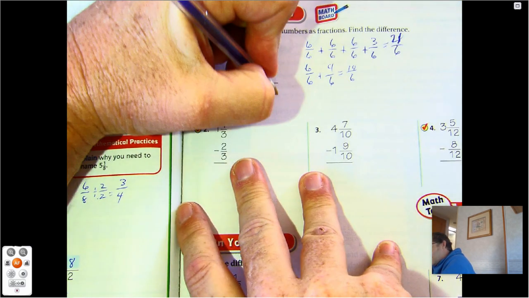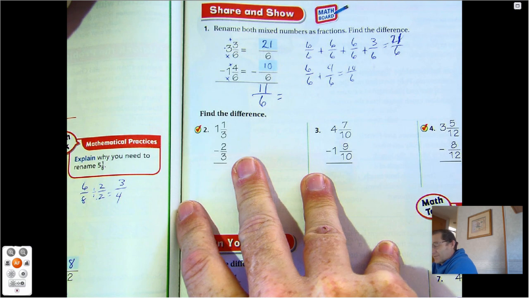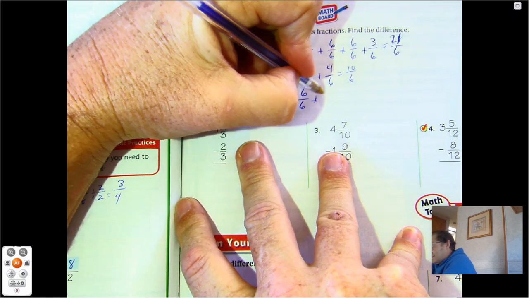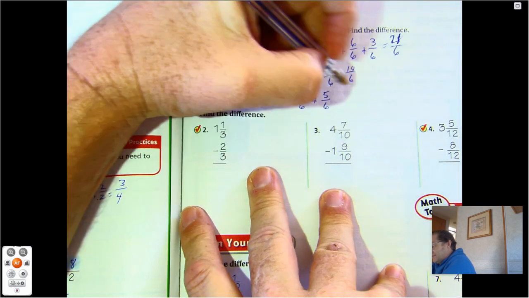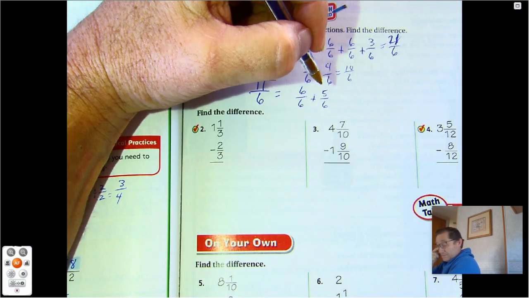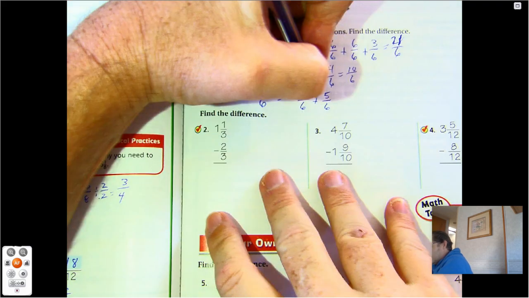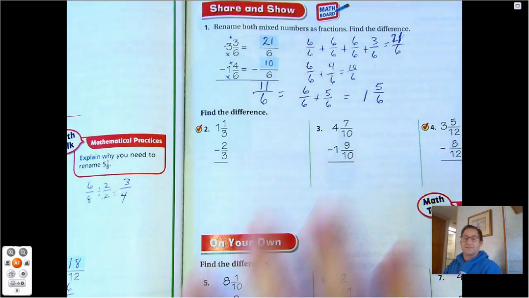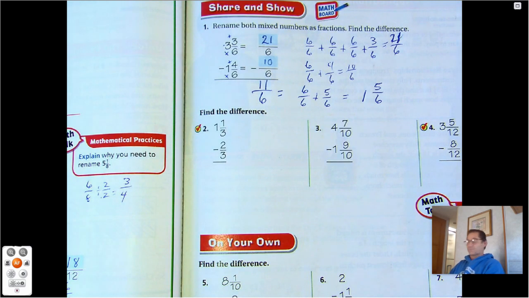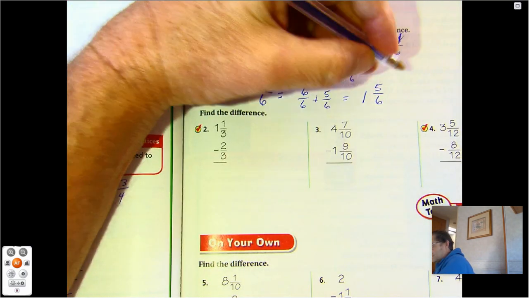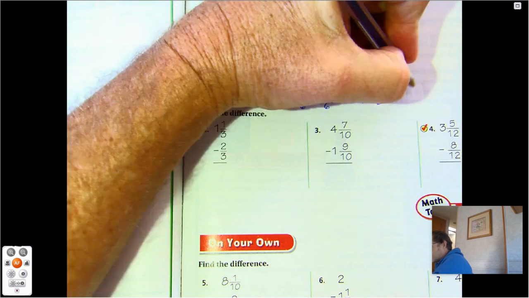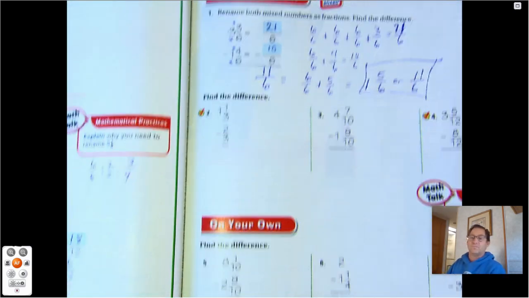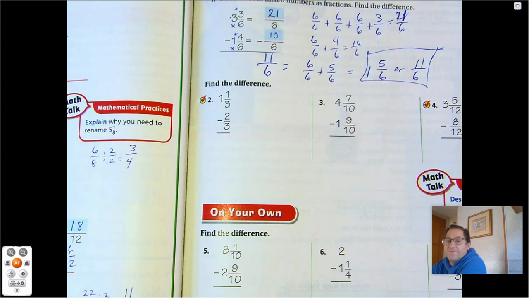So I'm going to rename this 6/6 plus 5/6, which equals 1 and 5/6. 11/6 or 1 and 5/6.